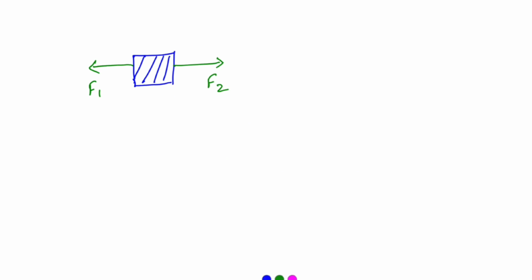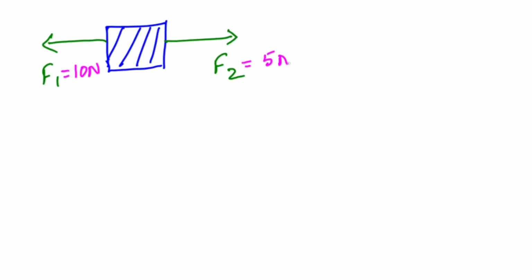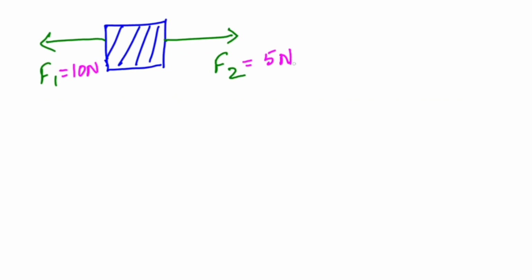If F1 is equal to 10 Newton, and F2 is equal to 5 Newton, what do you say about these forces? Are these two forces balanced or not? Very good. They are unbalanced forces, because unequal amounts of force are acting on both sides. One is 10 Newton, the other one is 5 Newton.